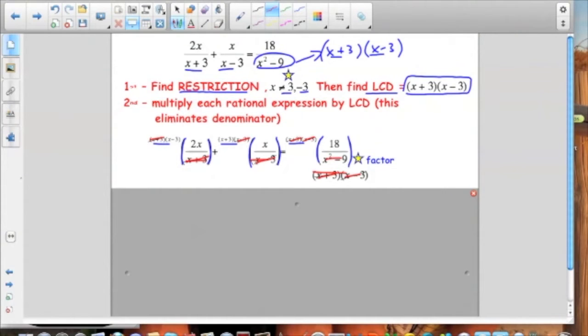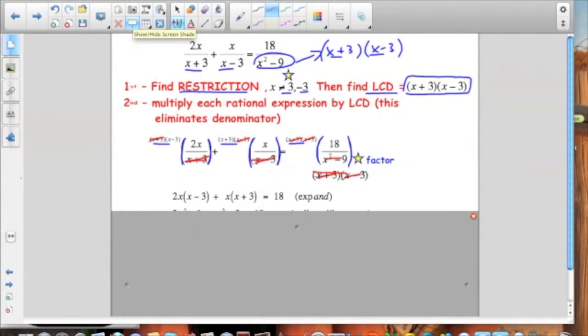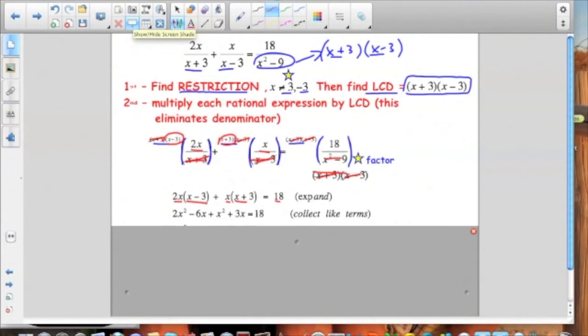Now, once we get down to there, we take this 2x and multiply it by what's left over. Take this x, multiply it by that, and 18 is just left by itself. Now we expand. Expand just means rainbow.